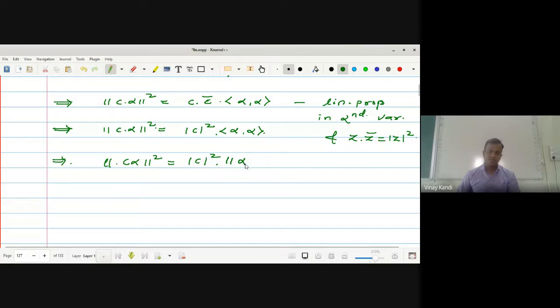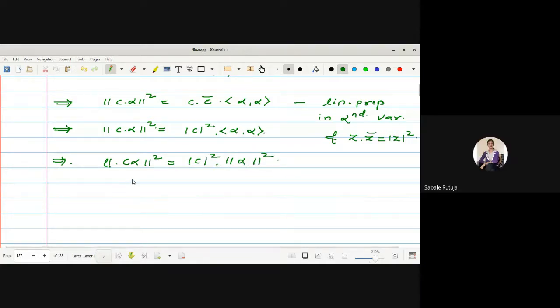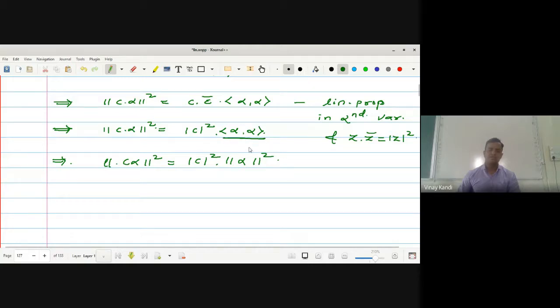Norm of alpha squared, because the inner product of alpha with alpha is equal to norm of alpha squared. Is it correct? Yes, sir. So now taking square root of both sides, we get norm of c alpha is equal to mod of c into norm of alpha. That is the proof of the first statement.